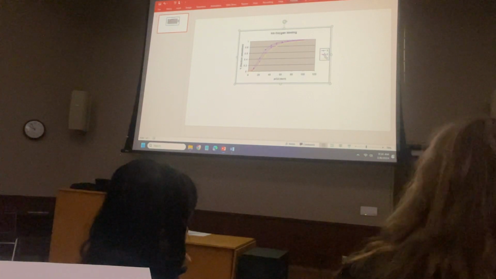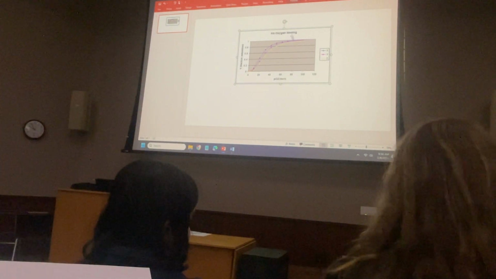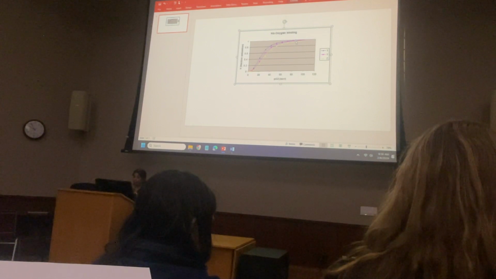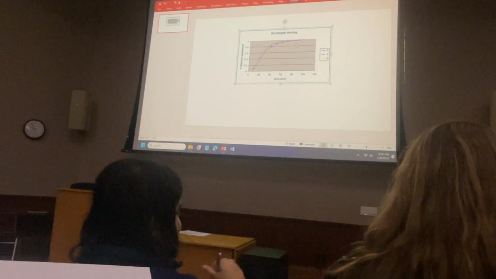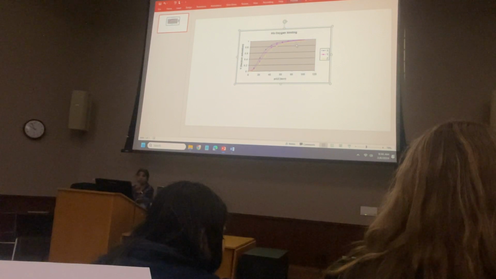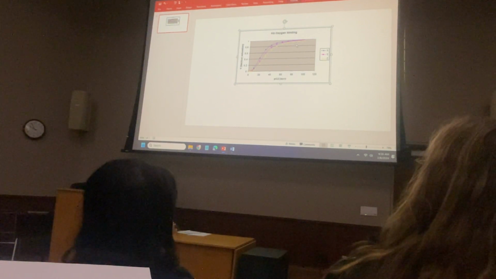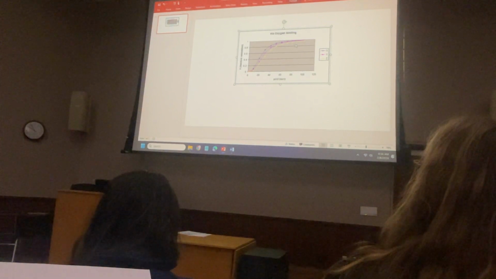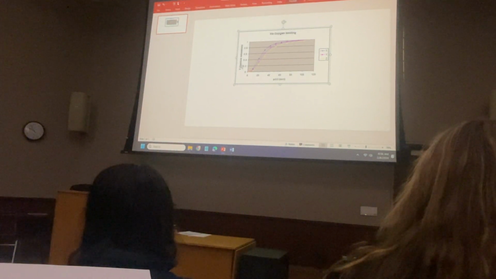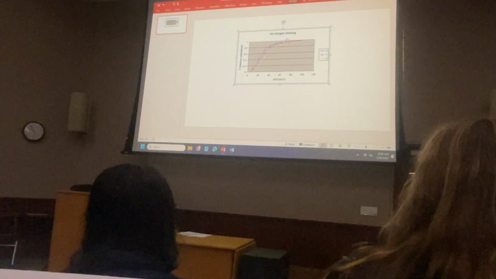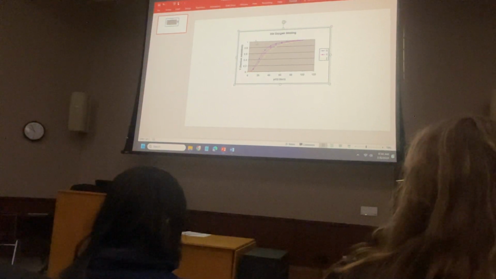Okay, so this is what you're looking at. So the number 2, we're asking for the P50, which is the partial pressure at which that hemoglobin is 50% saturated with oxygen. So on your y-axis is saturation, and so with X and Z, they are 100% or 1.